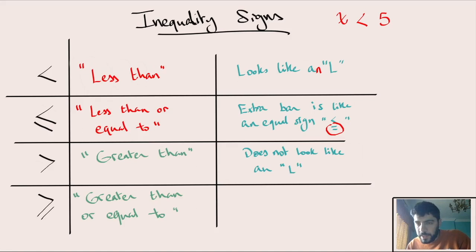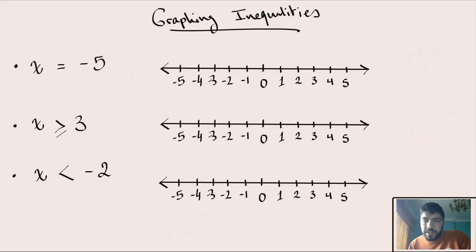All right. Now, how do we graph solutions? Let's say we have a problem, an equation actually, where our final result is x equals -5. In this case, our solution would just be a point right above -5 on the number line over here. In a different situation, we might have the solution being x is greater than or equal to 3.